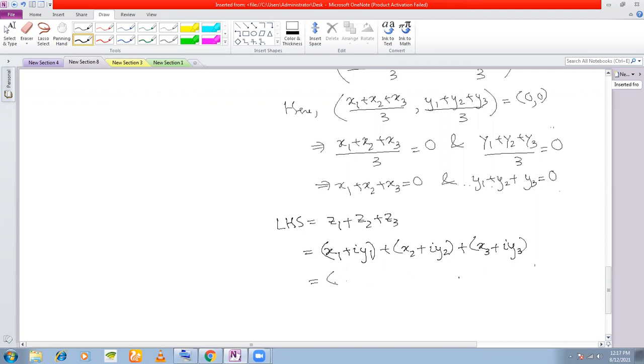Take the real parts together and take the imaginary parts together. So you get 0 plus 0i, which is equal to 0, which is equal to RHS. And that is proved.